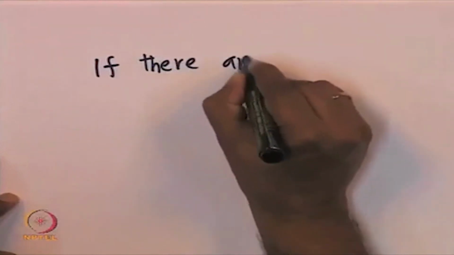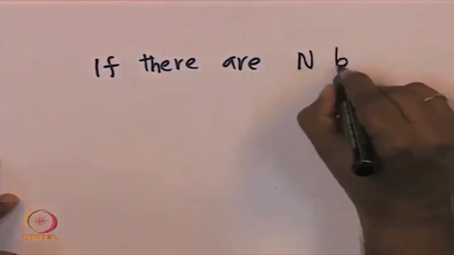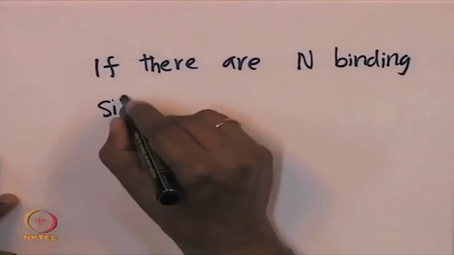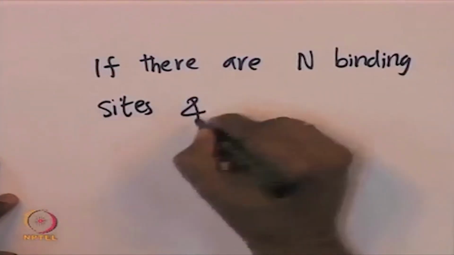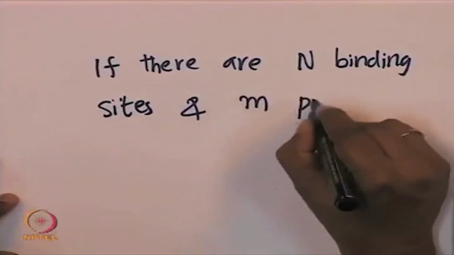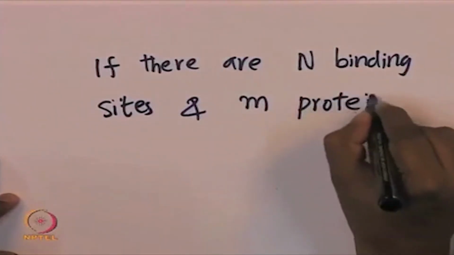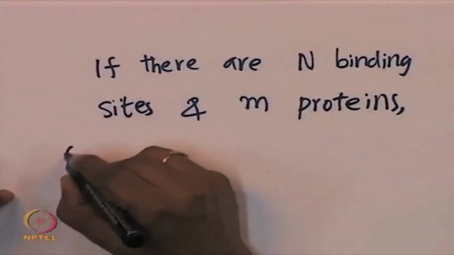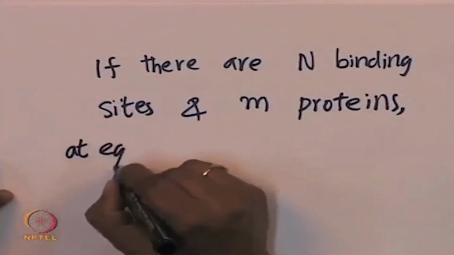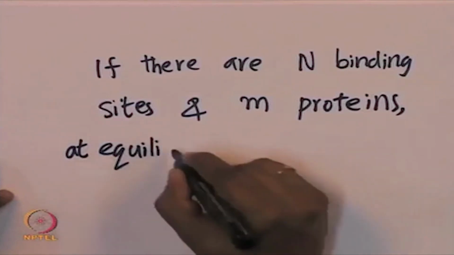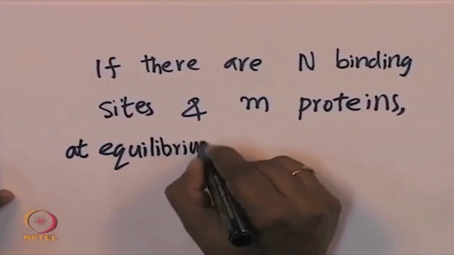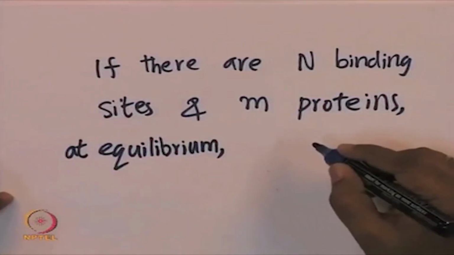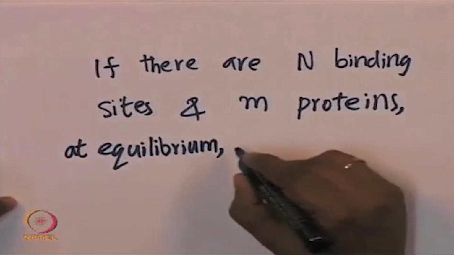So, if there are n binding sites and m proteins, at equilibrium, how many of the proteins will be bound onto the DNA?